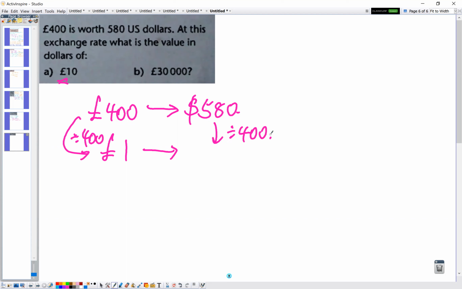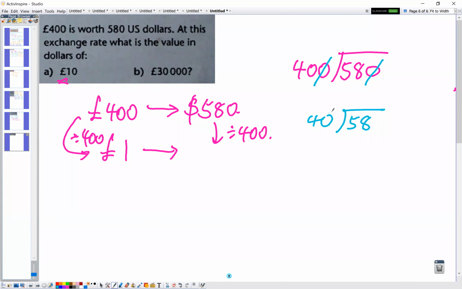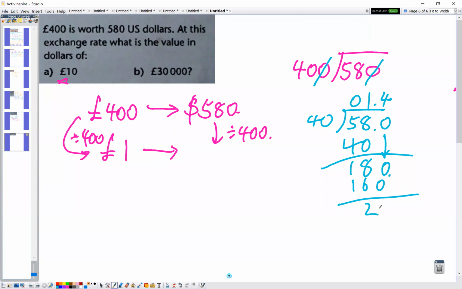So 580 divided by 400, we can work this out. The easier way is to cancel a 0 first. Cancel 0, we divide by 10, we rewrite it, to make this smaller, so it's easy to calculate. So this is 40 here, this is 58 with a decimal point, 0 coming down. How many 40 going into 180, which is 4, so 160, remainder 20.